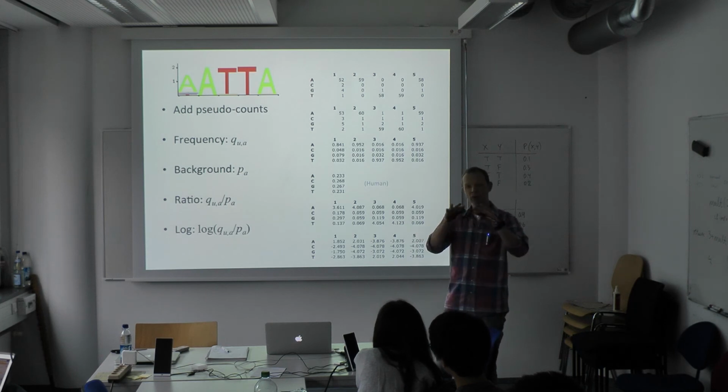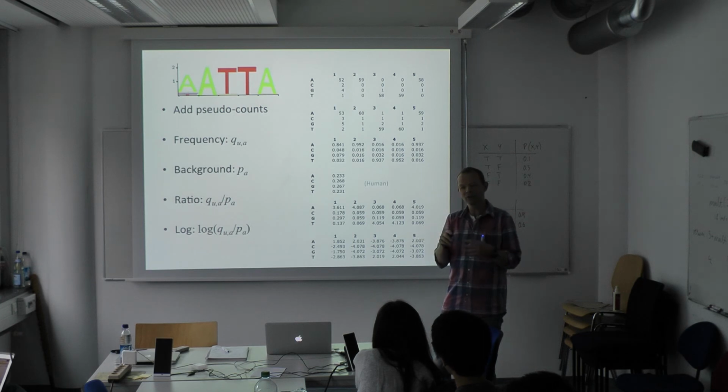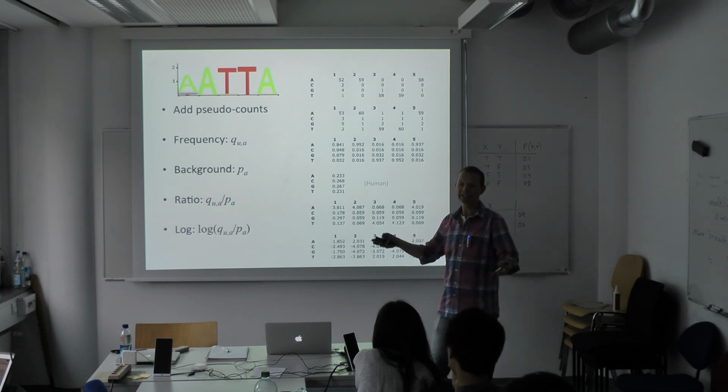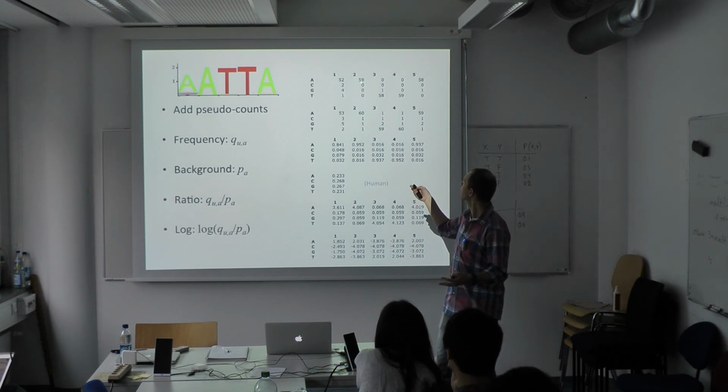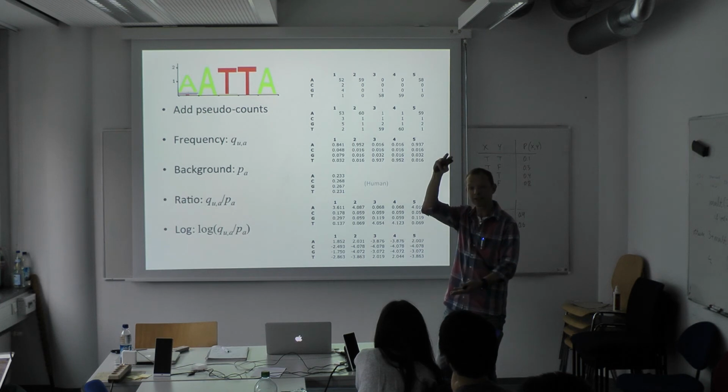So we're going to smooth the model quite arbitrarily here to say, well, in the absence of data, the extreme example would be that we have no data. In this case, we have reasonably big data, 59 counts, so 59 example sequences, but let's pretend that we only had 5.